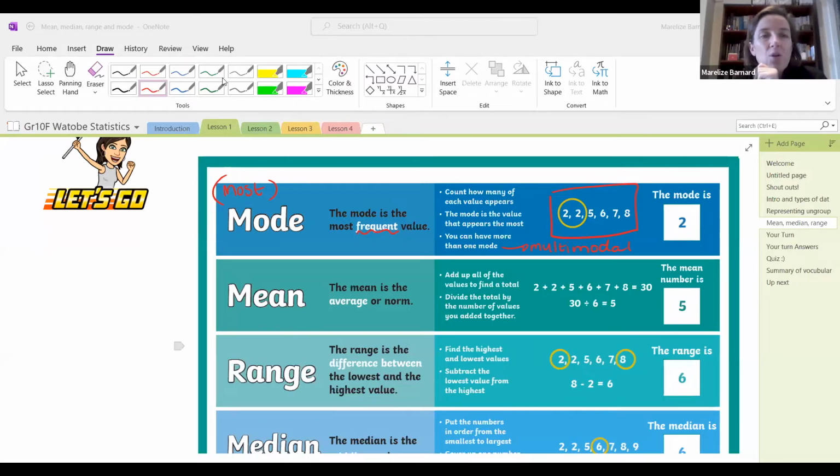Okay, so quite a few of you have come across the mean before, or another word for the mean is the average.